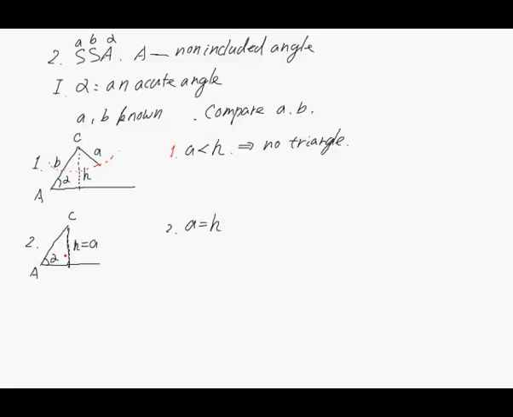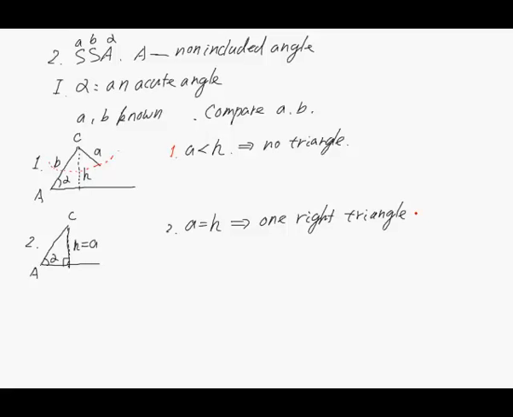And in this case, you can form a right triangle. So if the length A is equal to the length of this altitude, then you have one right triangle. So this is case 2.